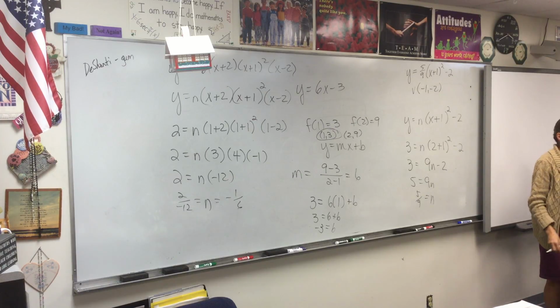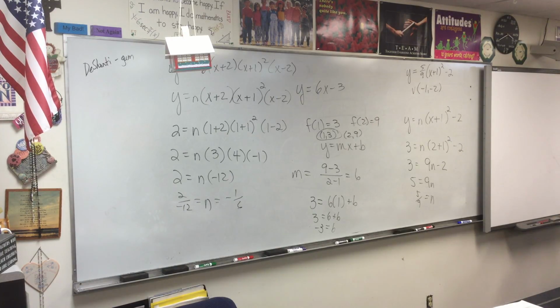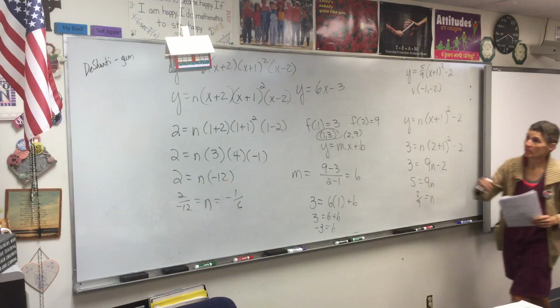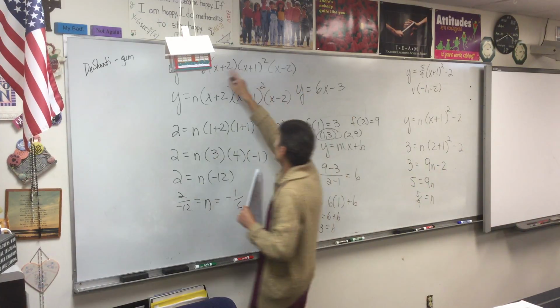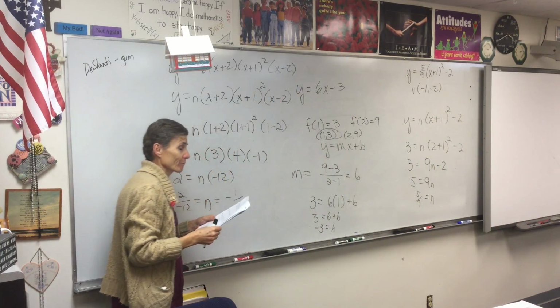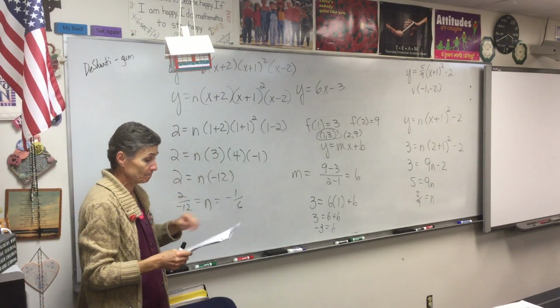Does anything ever start down and end down? Not unless it's a negative even power. Is this an even power? Yep, with a negative, so it starts down and ends down.